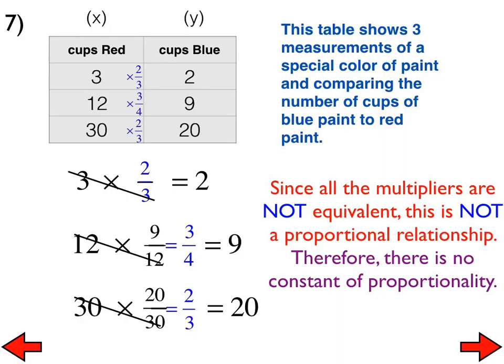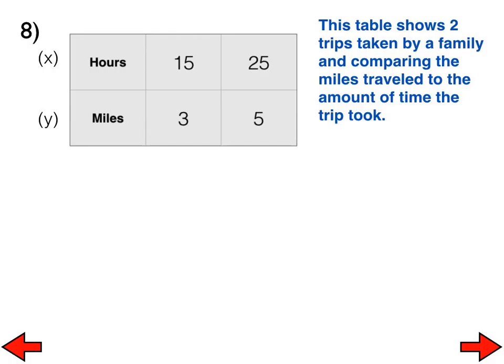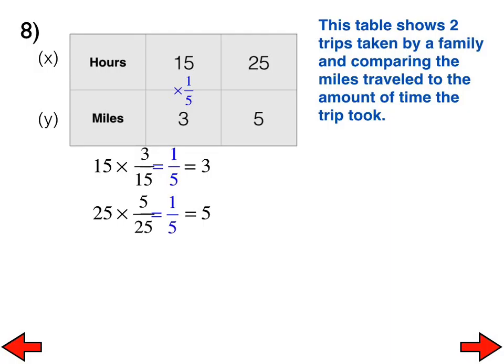Number 8. It's not times 5. I saw a lot of people write times 5. 15 times what is 3? 1/5. 3 over 15 is 1/5. 25 times what is 5? 5 over 25, which is 1/5. Are they the same number? Yes.